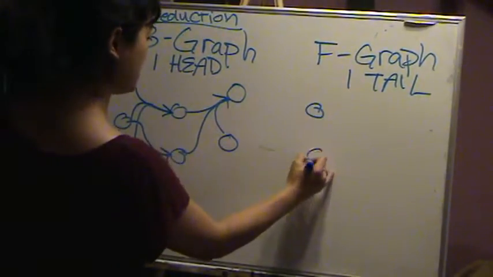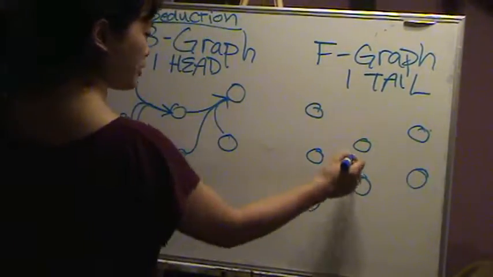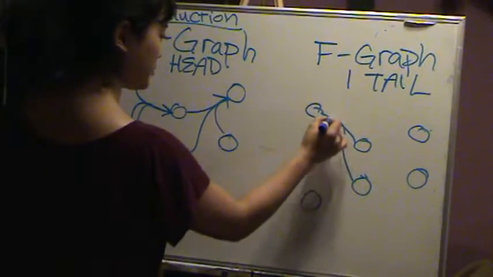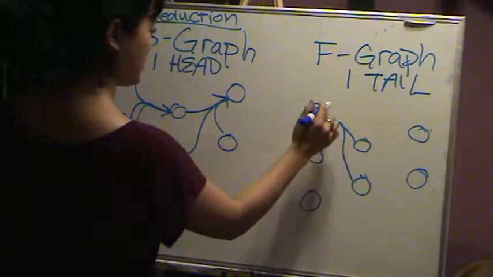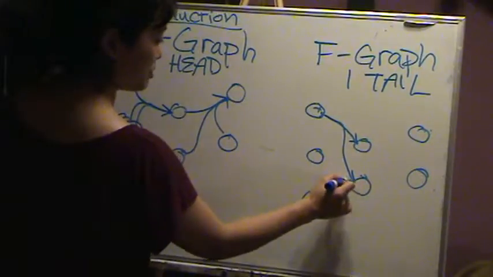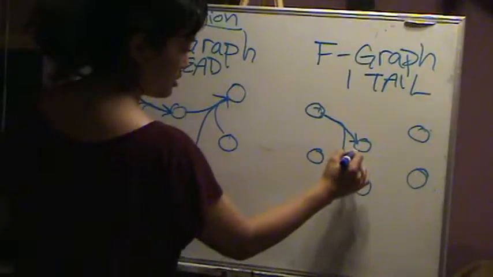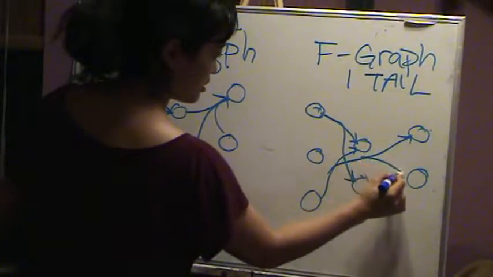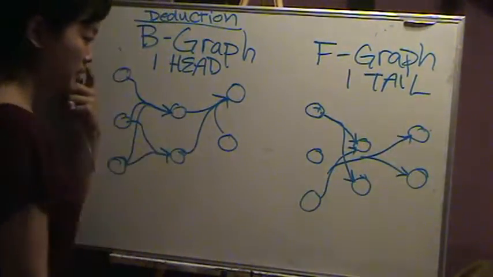So given that same graph, we've got this as the tail going to these 2 nodes. We've got this tail going to these 3 nodes.